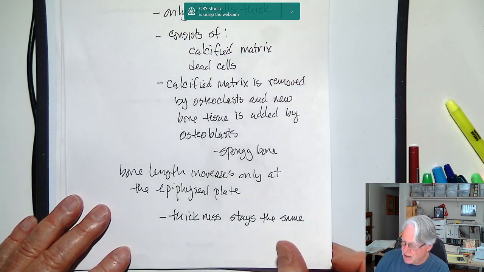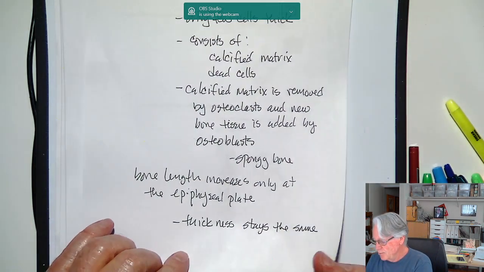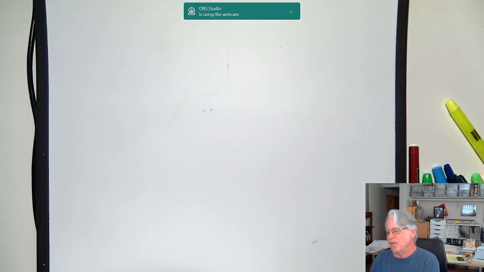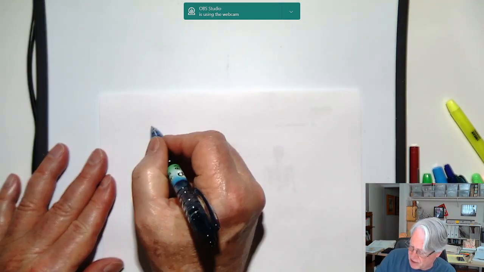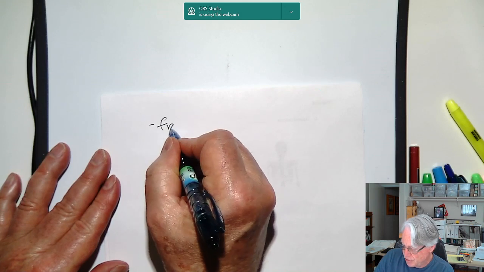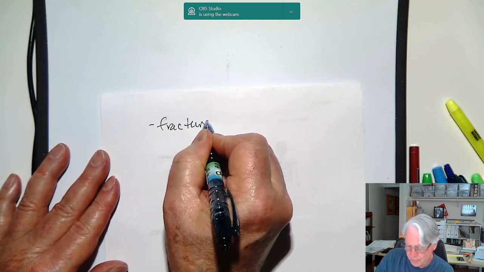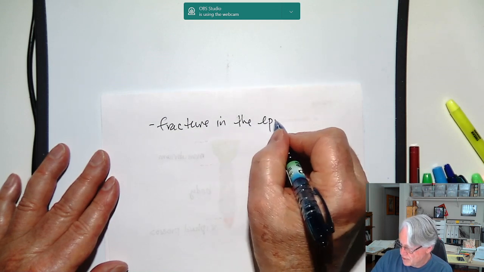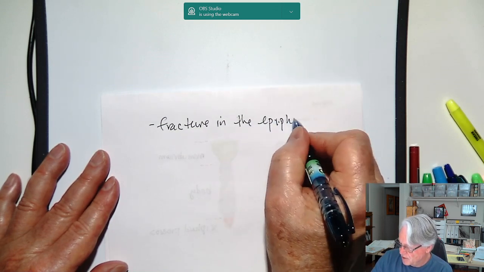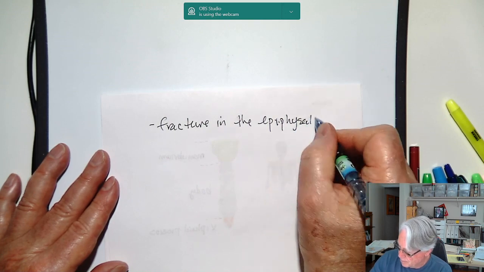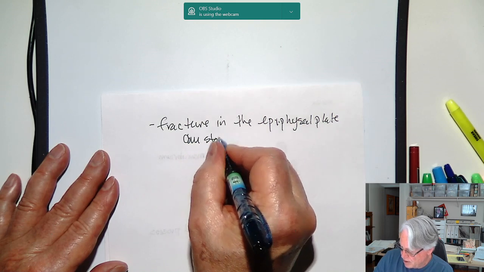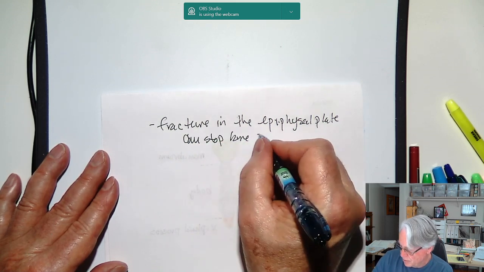So a couple of things that are part of the story here. Number one, a fracture in the epiphyseal plate will often stop the whole process. So a fracture in the epiphyseal plate can stop bone growth.